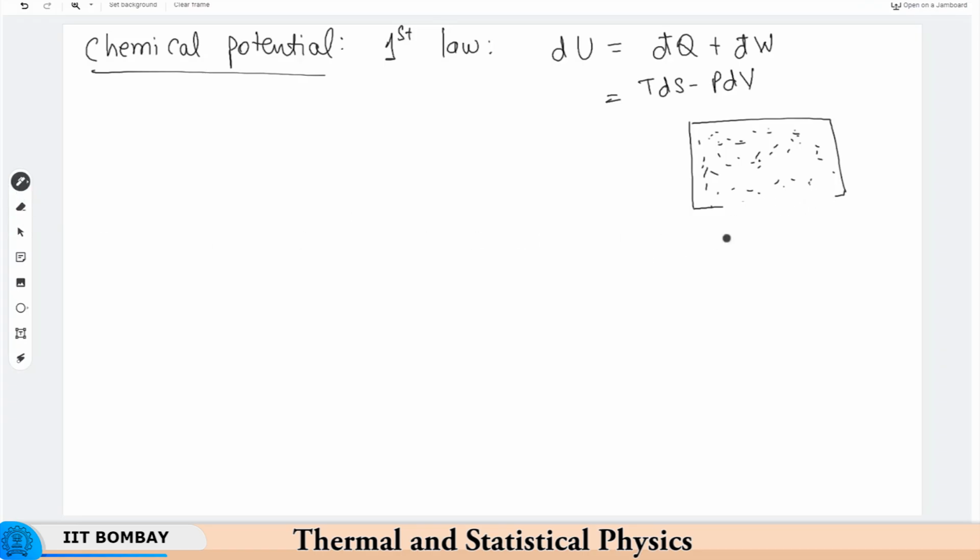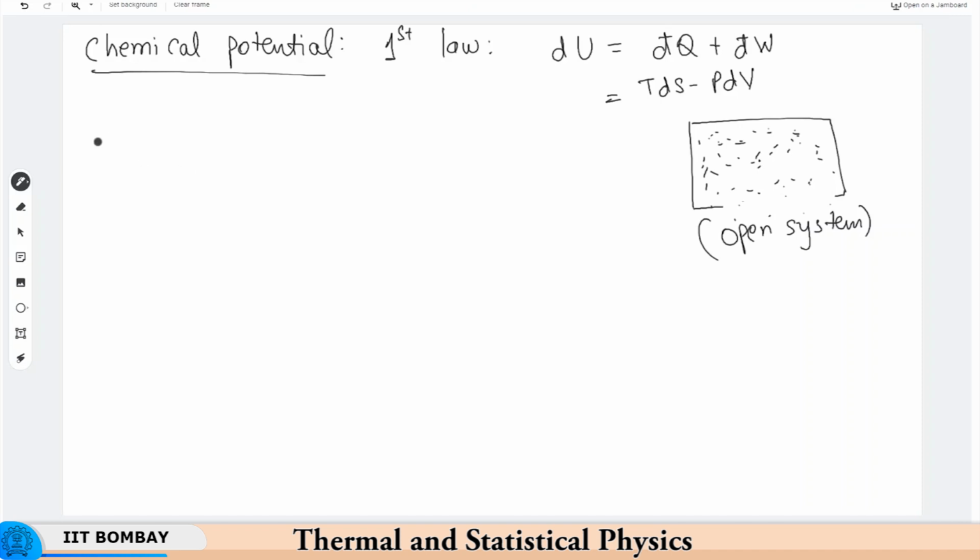So, open system. There is no boundary to this system, or there is a leak in the system, in which case these particles can go in and out, and obviously that will also change the internal energy, right, and I will discuss why that should change the internal energy.